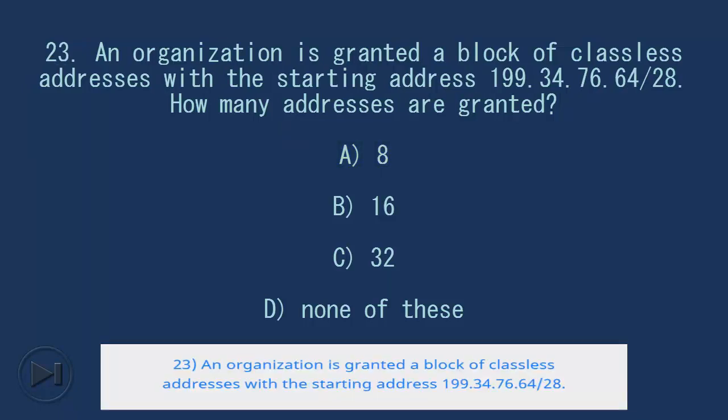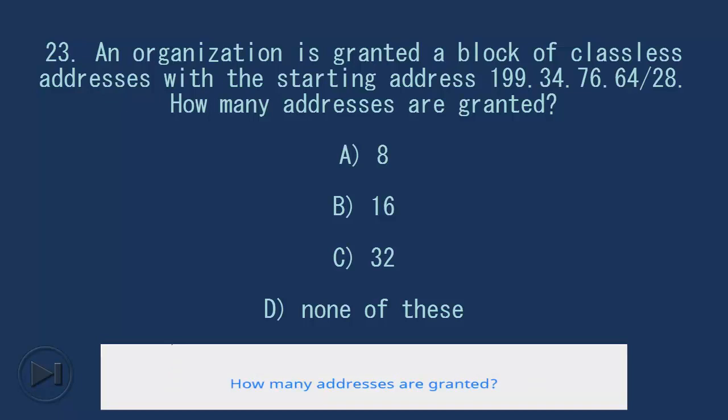An organization is granted a block of classless addresses with the starting address 199.34.76.64/28. How many addresses are granted? A. 8. B. 16. C. 32. D. None of these. Answer, B. 16.